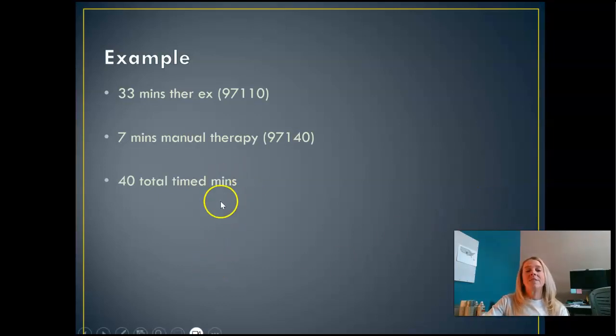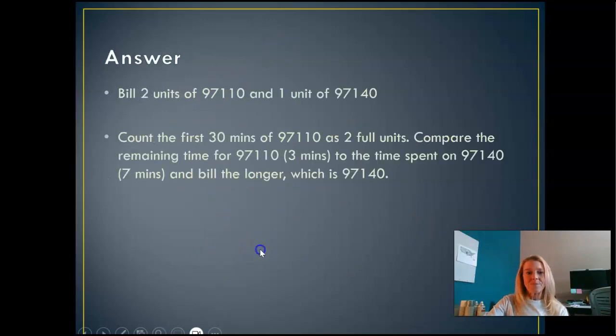So we have to distribute them between TheraX and manual therapy. So the answer is to bill 2 units of TheraX and 1 unit of manual therapy. But we only did 7 minutes of manual therapy. Here's why we can still bill the 1 unit of that. We count the first 30 minutes of TheraX as 2 full units. Then there were 3 minutes left over, because remember, we did 33 minutes of TheraX.